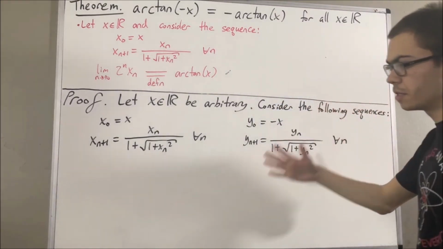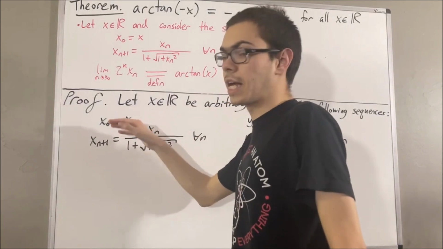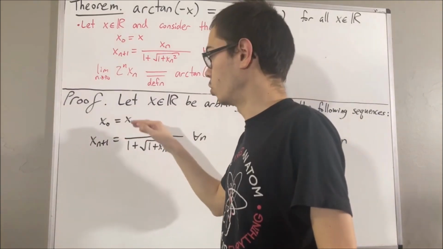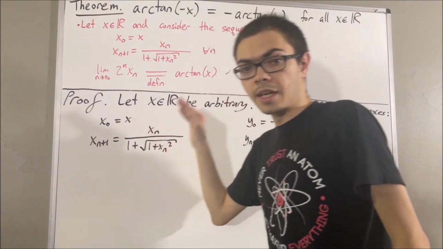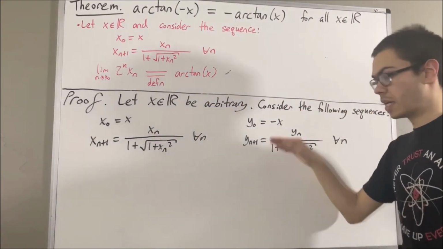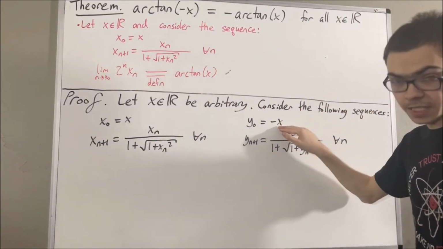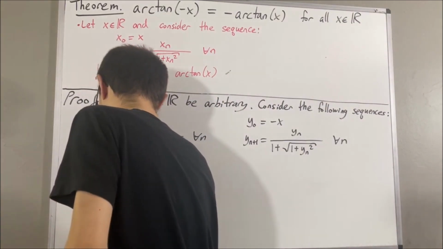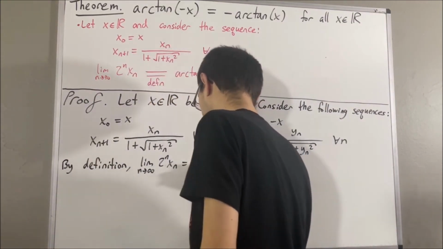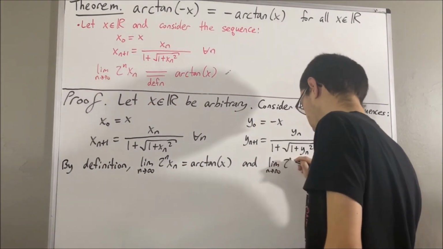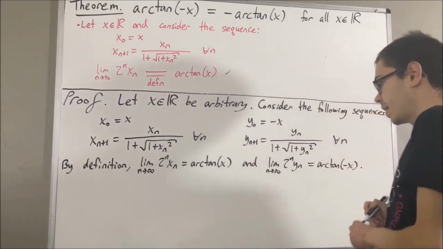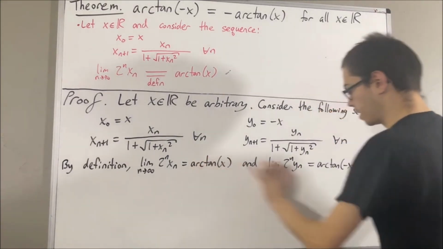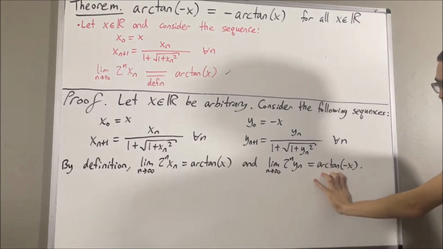By definition, the limit of 2^n x_n is equal to the arctangent of x, and the limit of 2^n y_n is equal to arctangent of negative x. And we want to show that these two are negatives of each other.